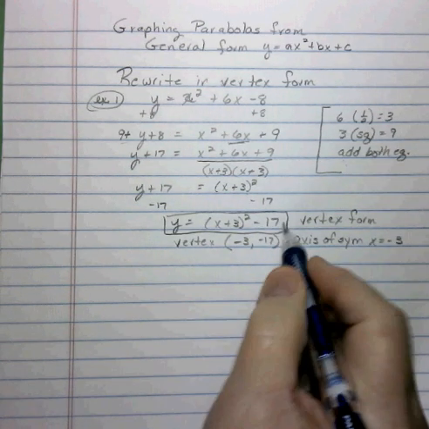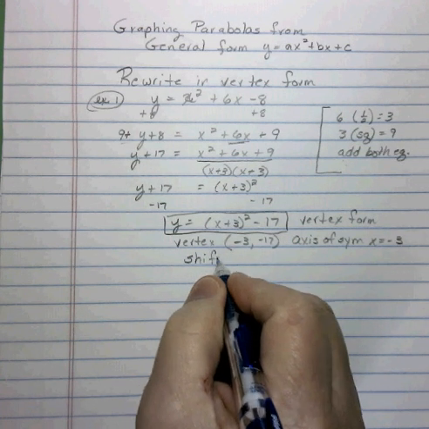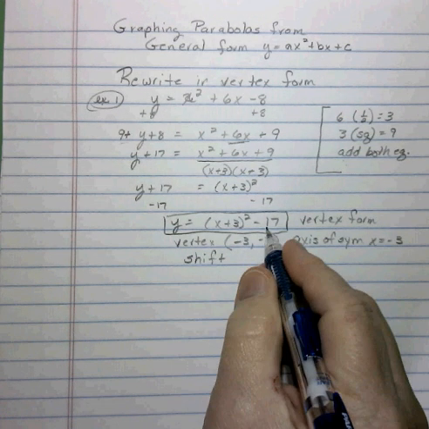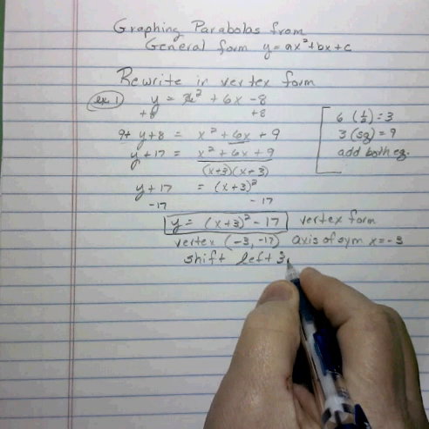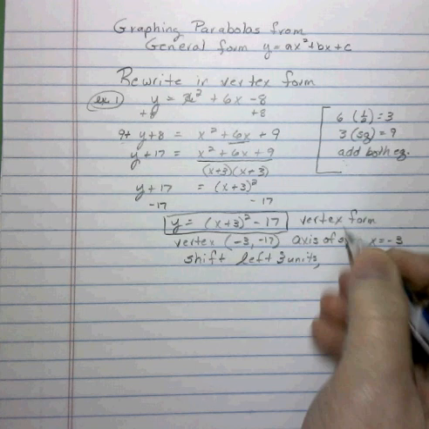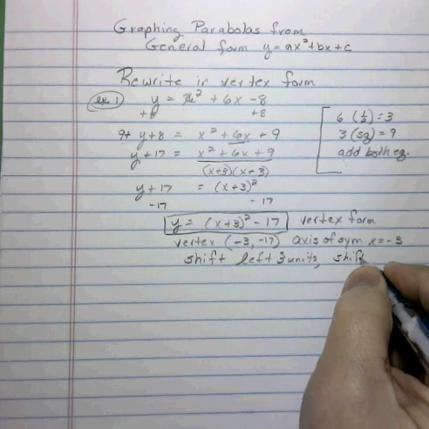We know that the shifts of the graph, this graph will shift to the left 3 units, and it will shift down 17 units.